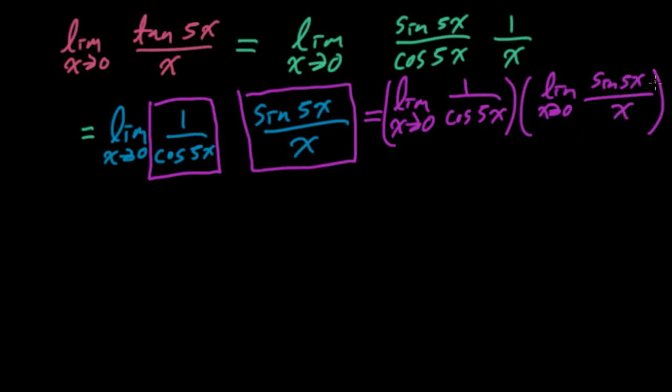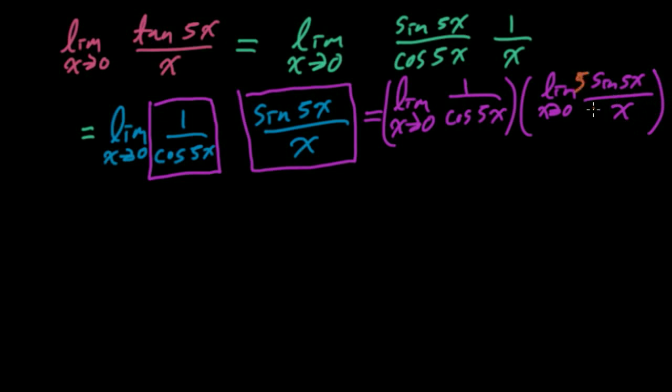So let's just multiply this by 5 over 5. If we multiply by 5 over 5, I can just write this 5 right here.